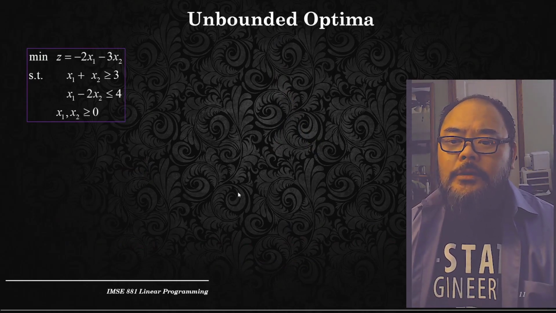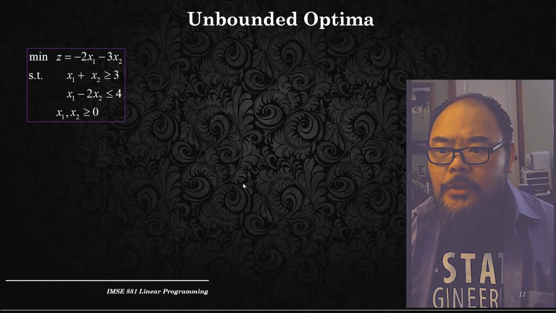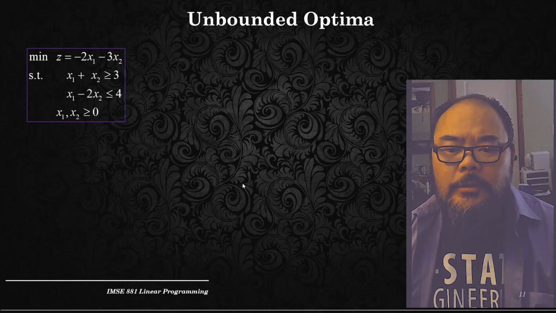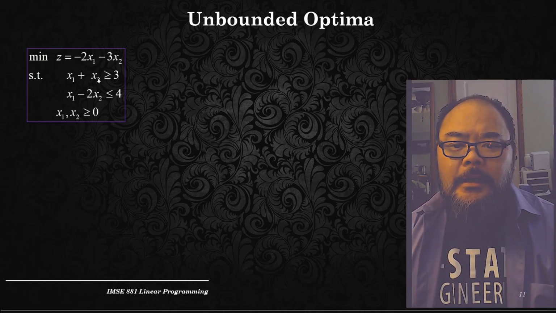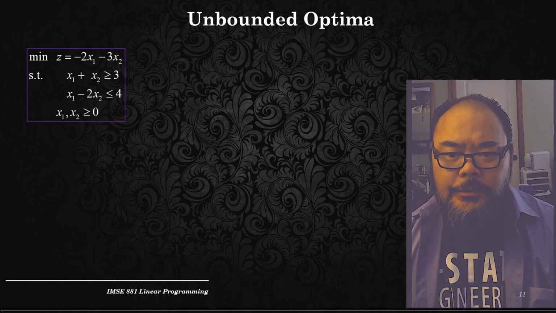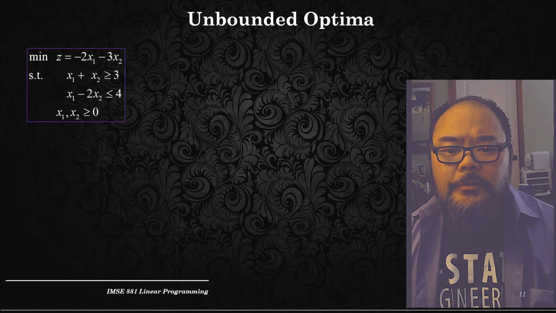Next, we illustrate the situation when an unbounded optimal solution exists. Given this example: minimize negative 2 times x1 minus 3 times x2, subject to two constraints, x1 plus x2 greater than or equal to 3, and x1 minus 2x2 less than or equal to 4.